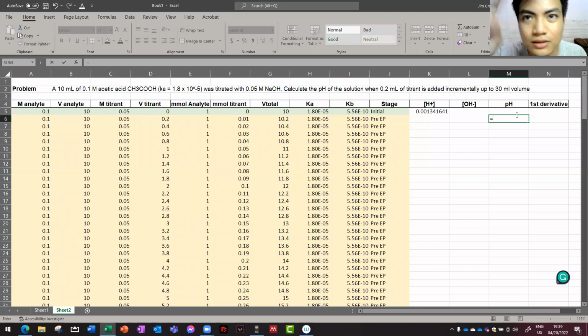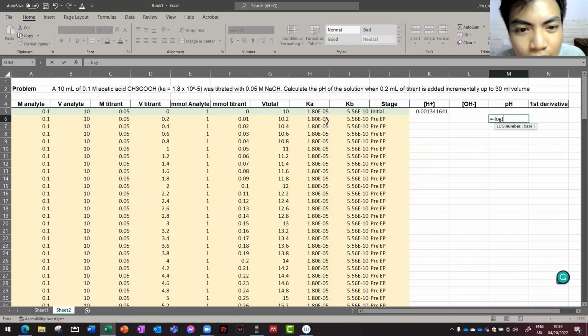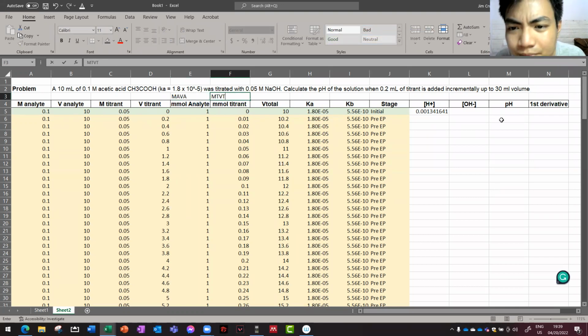Okay. So pH equals pKa, that's negative log of the Ka. This is your Ka. And then plus logarithm of the MTVT over MAVA minus MTVT. In the numerator, the MTVT is our millimoles of the titrant. Let me highlight it so you won't be confused.